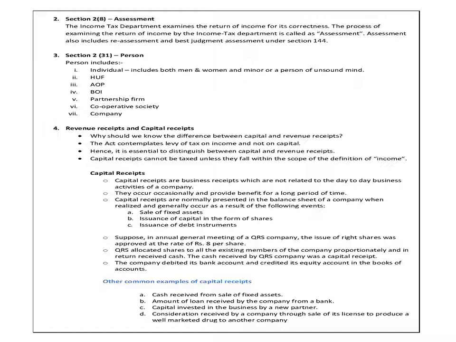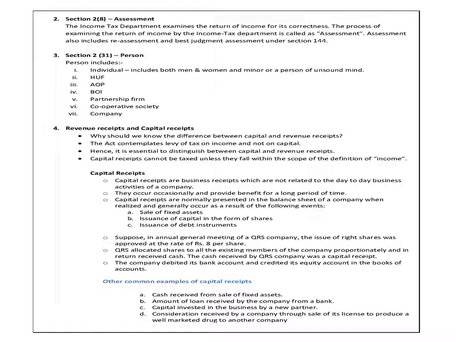Suppose in the annual general meeting of a certain company, the issue of rights shares was approved at the rate of 8 per share. This is an example. That company allocates the shares to all the existing members of the company.